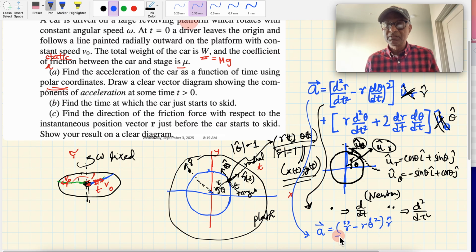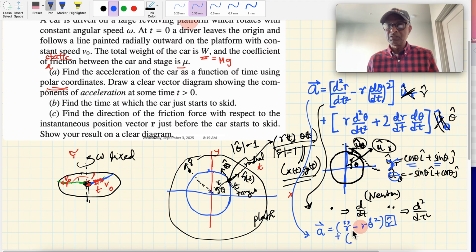And of course every term will have some r. This doesn't have any r. It looks like it has r but it doesn't, because the unit is 1. So r hat has no r there, theta hat has no r there either. So this guy does not have r.